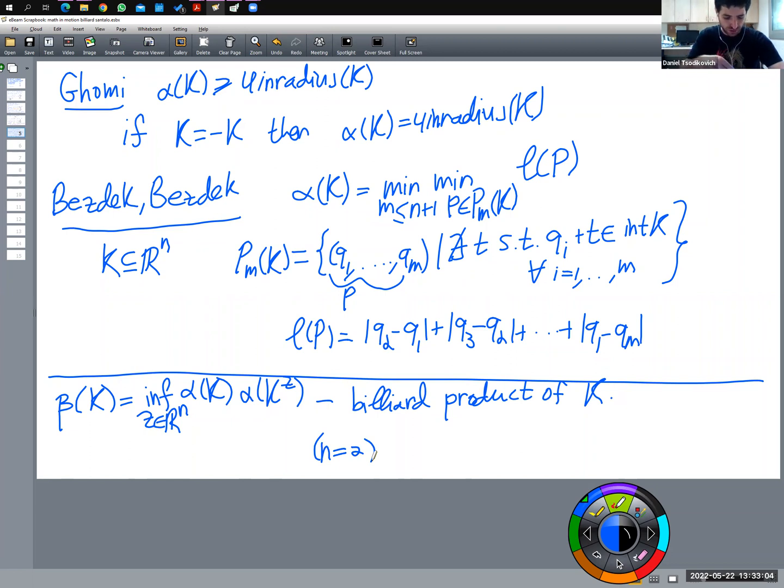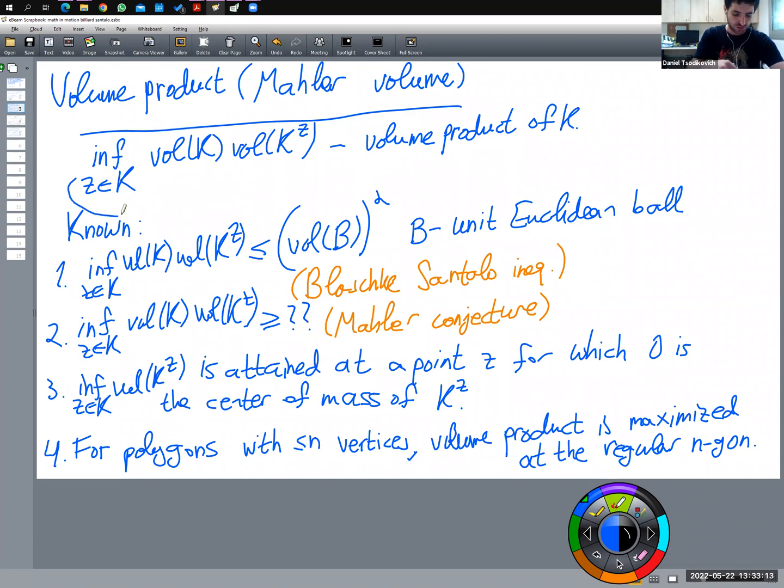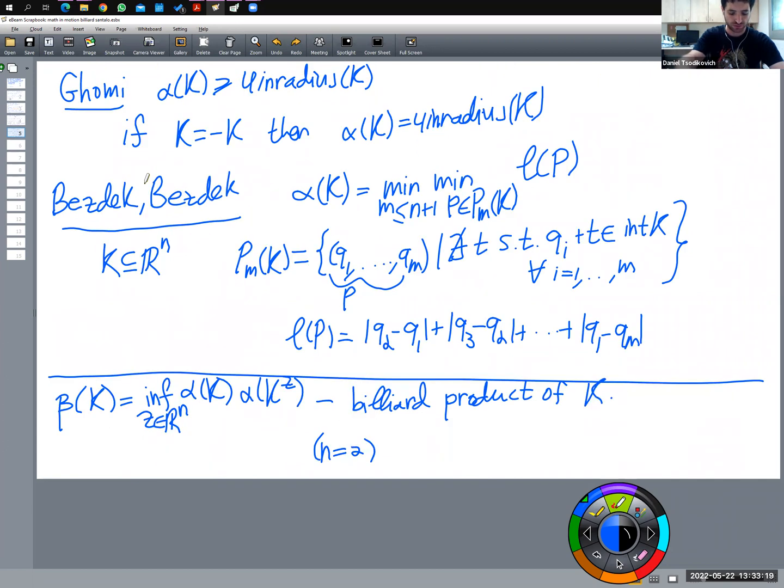Now here I wrote infimum over z in Rn and not z in K, as opposed to the volume product, because a priori it's not clear that you can restrict yourselves to K itself. If z is not in the interior of K, then the dual is unbounded.